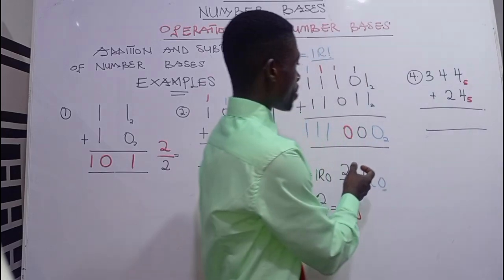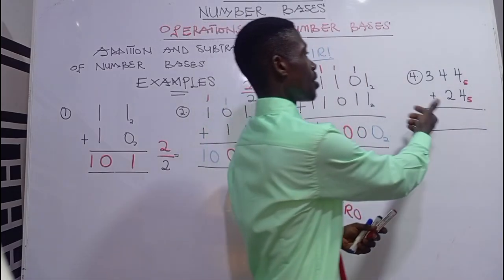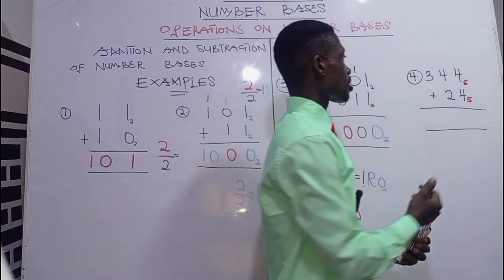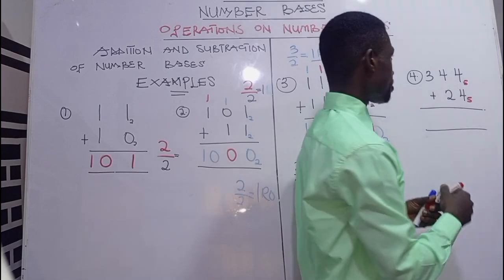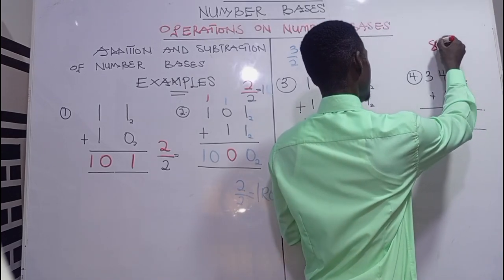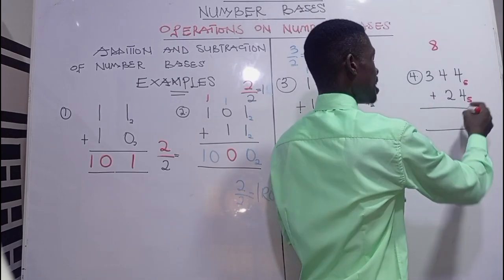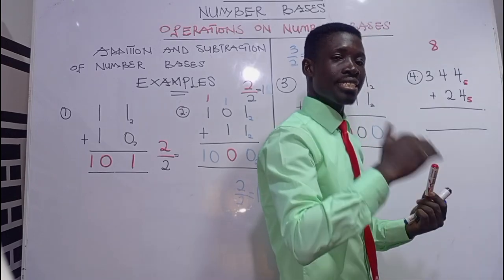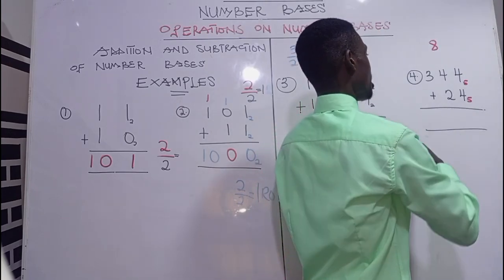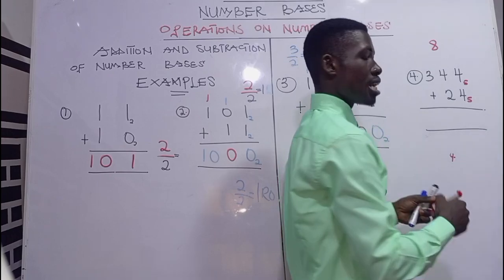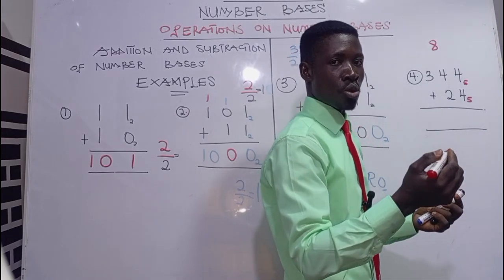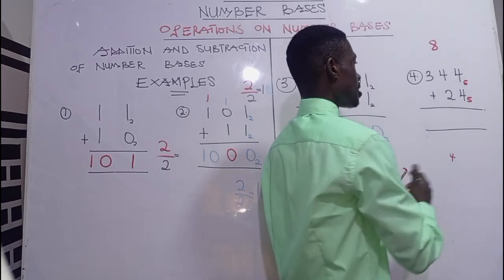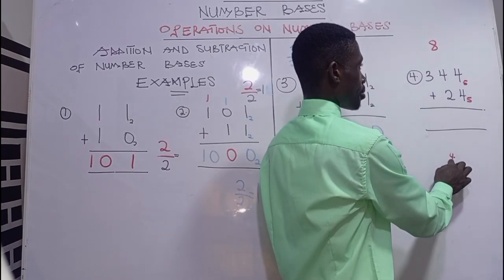So applying the same concept here, we are going to do the same thing. So we have 4 plus 4 will give us 8. But remember, we are working in base 5. The highest digit in base 5 is 4. So we can't write 5, 6, 7, and so on. So the highest digit that we can write here is 4.